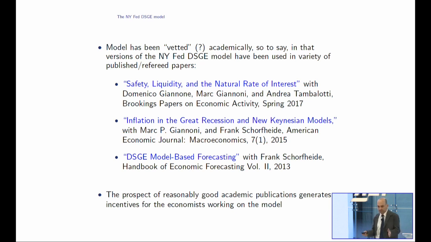Well, because we think it's very important that what we do is checked by the profession, and as you probably know, there's no better way to do that than have the referees have a go at it and provide comments and feedback. And so that's why we do that.